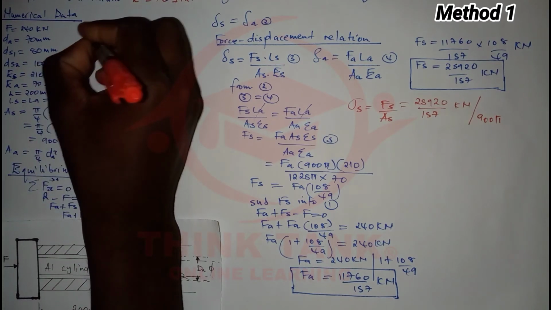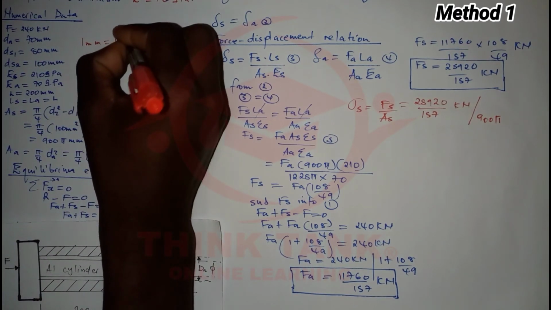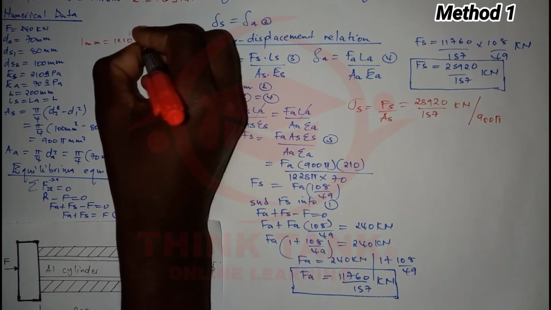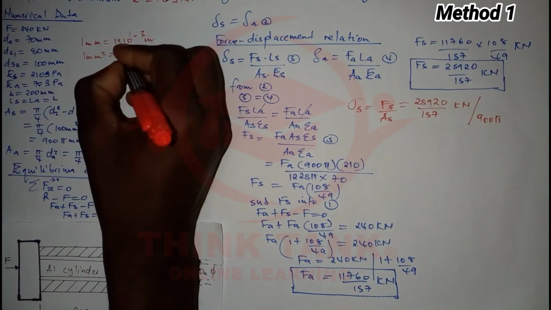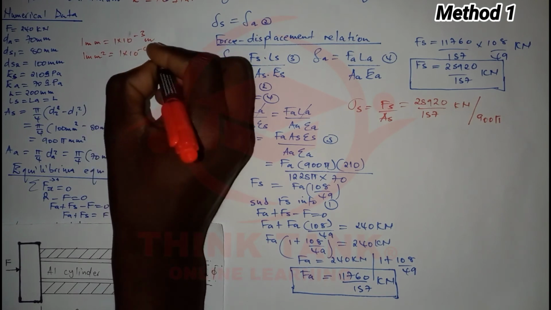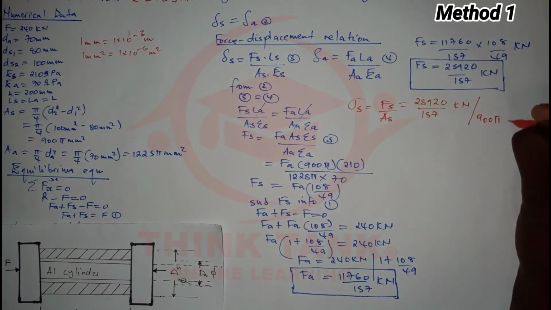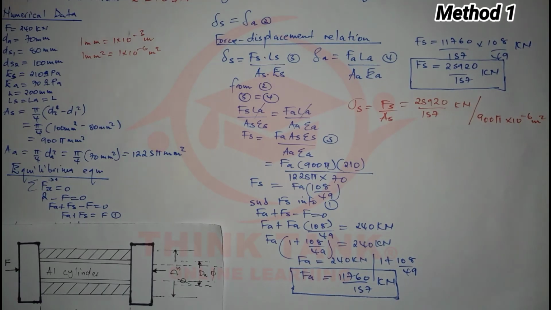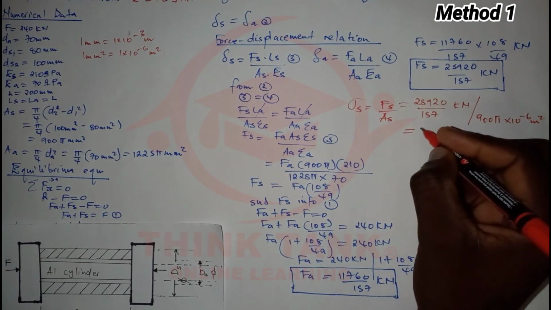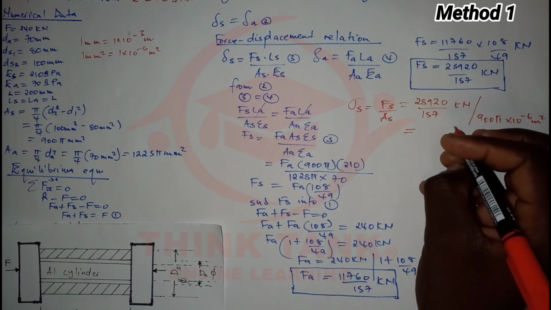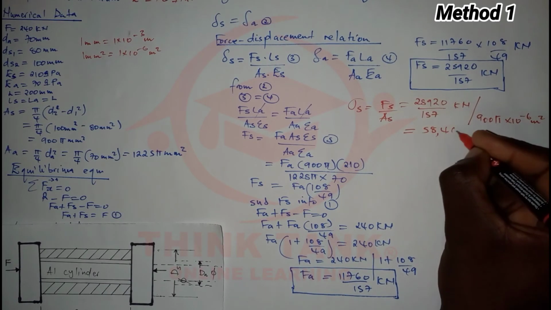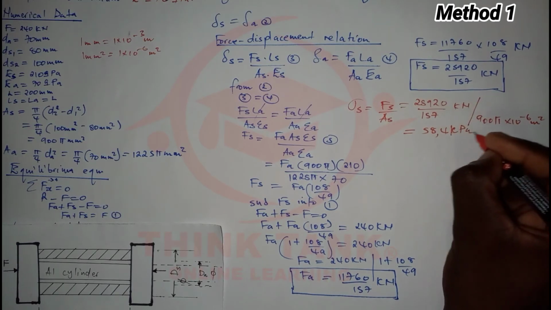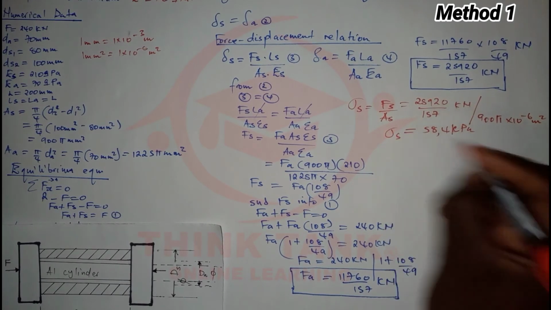You know that 1 millimeter is equal to 1 times 10 to the power negative 3 meters. So 1 millimeter squared is 1 times 10 to the power negative 6 meters squared. So it's going to be 900 pi times 10 to the power negative 6 meters squared. And if we do this, we're going to see that the stress is going to be 58.4 kilopascal. That's going to be the stress in the steel.